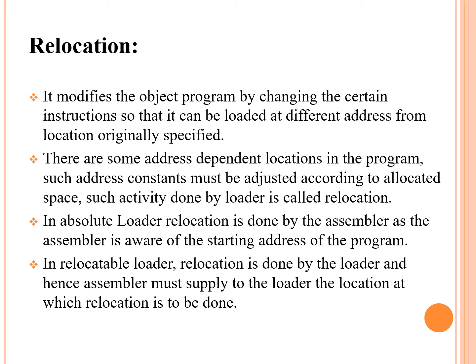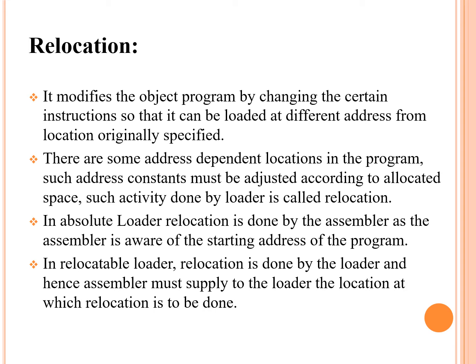The third point is relocation. It modifies the object program by changing certain instructions so that it can be loaded at a different address from the location originally specified. There are some address-dependent locations in a program. Such address constants must be adjusted according to the allocated space.